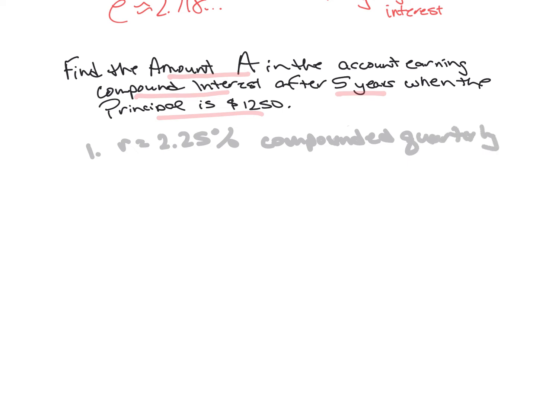So what you would do is you would first decide which one you're using. It's saying compound interest. It's not saying anything about a continuous interest. So we know then we're going to use A equals your principal times 1 plus your rate over your number of times it's going to be compounded, to the power of nt. And then remember, it's 100%. Obviously, that's what that 1 means, okay?